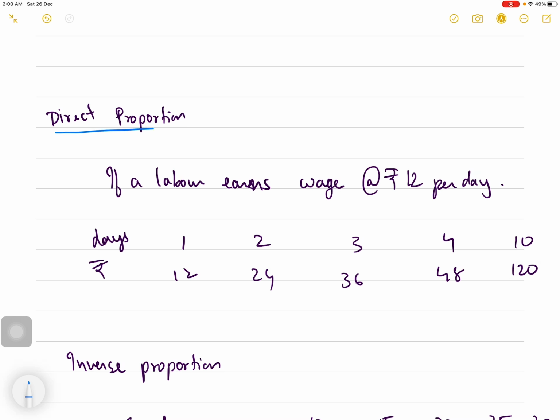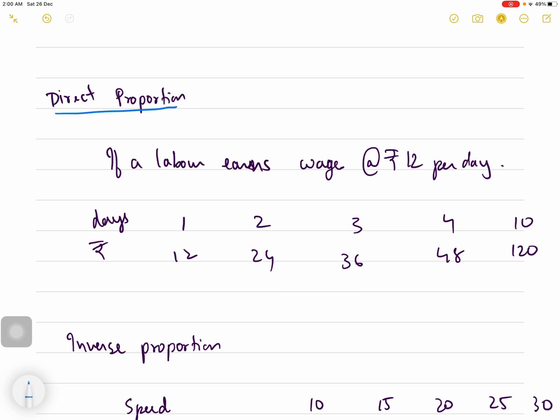Now what is direct proportion? Quantities are said to be in direct proportion when an increase or decrease in one is accompanied by an increase or decrease in the other. Suppose a labor earns wages at 12 rupees per day. If he works for 1 day, he'll earn 12 rupees.